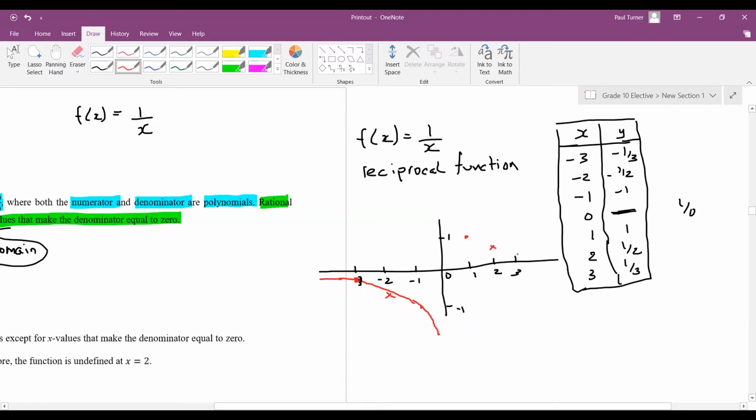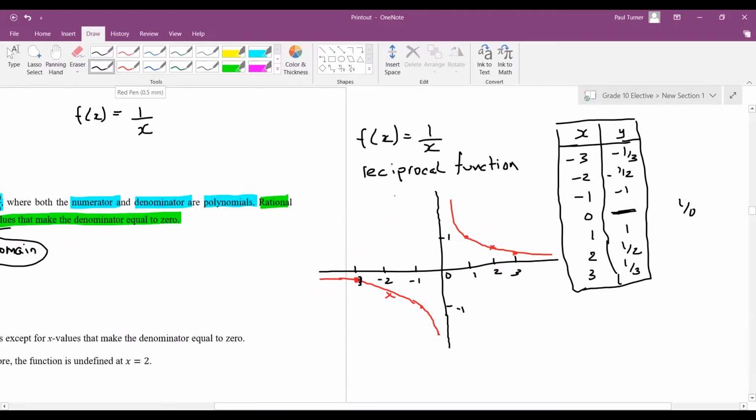And 3, 1/3 is there, right? So that's about 1/3 here. So that graph is going this way. Like that. So we can draw that axis a bit further. So this is probably the easiest rational function you'll find.